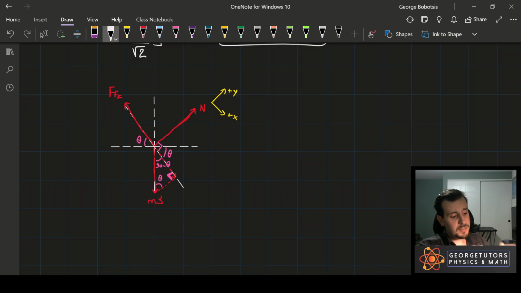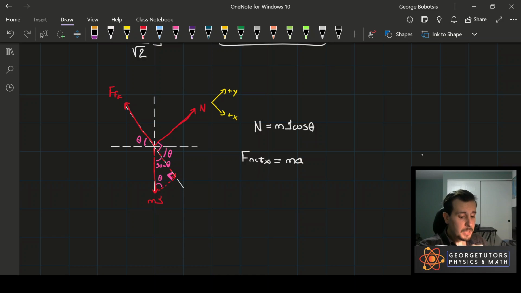I hope you can see that in the y direction, nothing has changed, as this was added only in the x direction, which means that the normal coming from the y equations is still the same thing. Now, when we're dealing with the x direction, we know that there's going to be an acceleration.